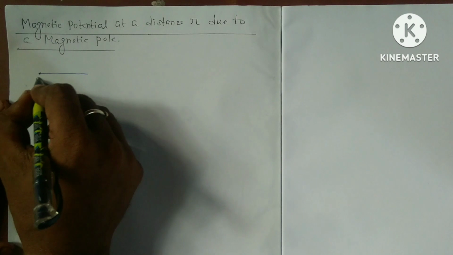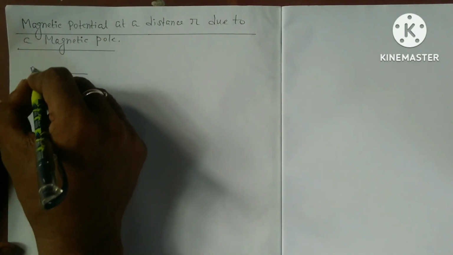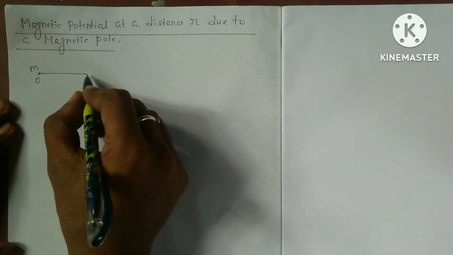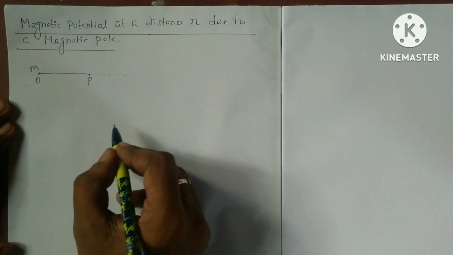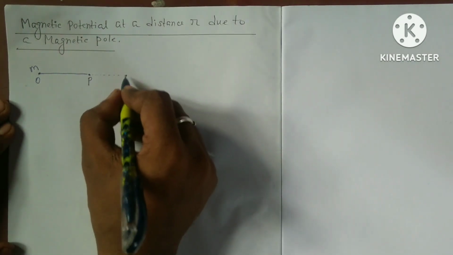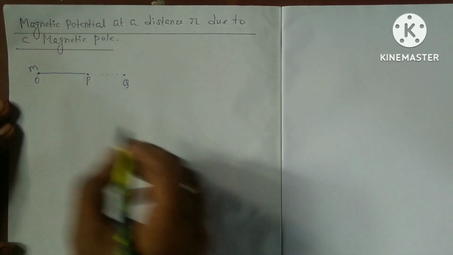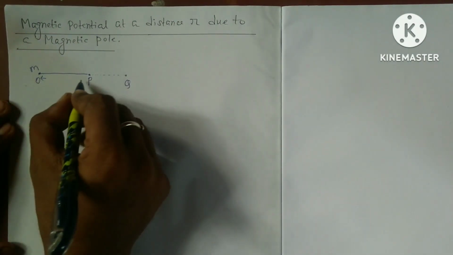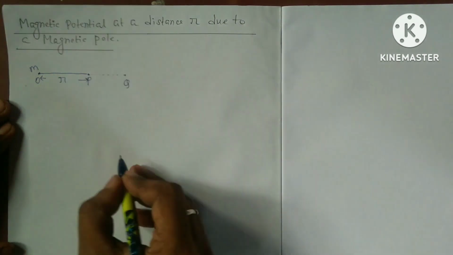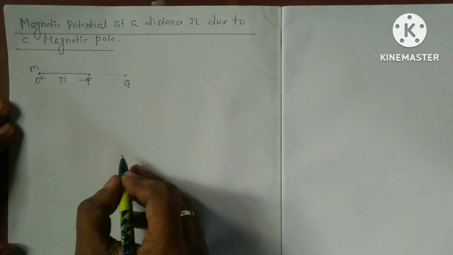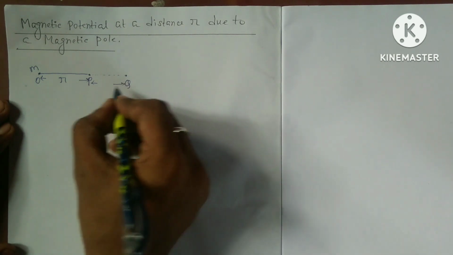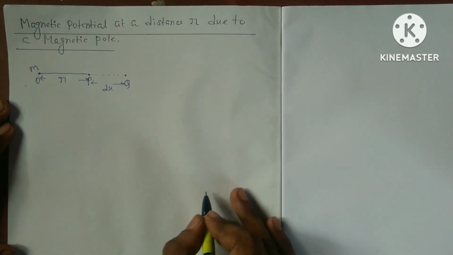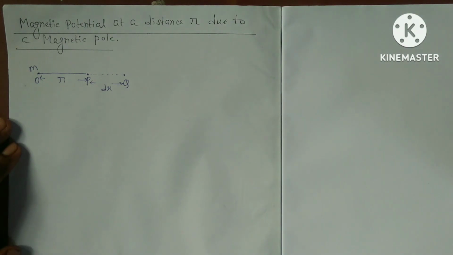That is point O. Here M is situated, and this point, that is P, and this point, that is Q. Distance from O to P, that is R, and this distance P to Q, that is dx. Now we have to find out the actual relationship.